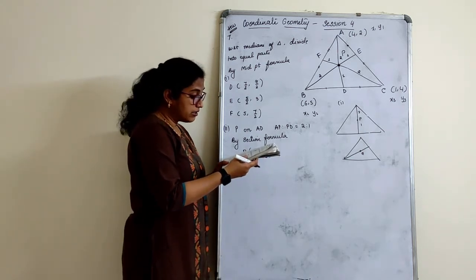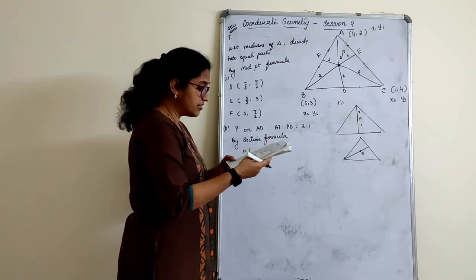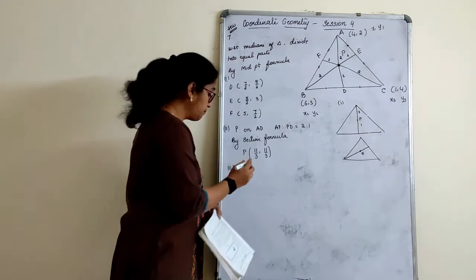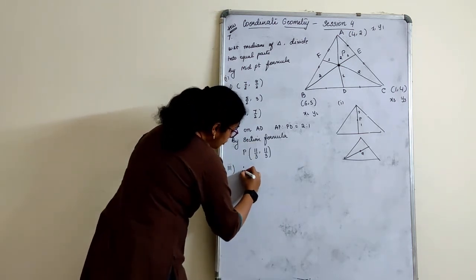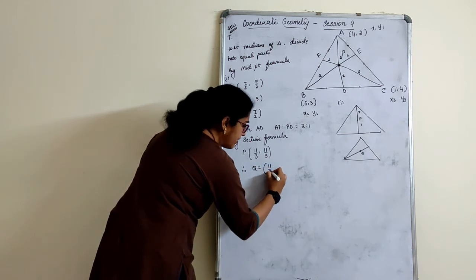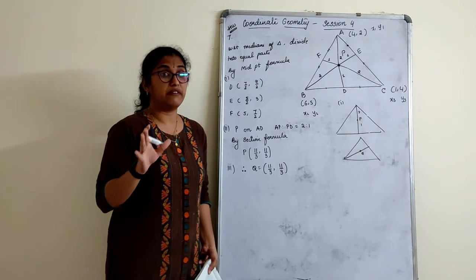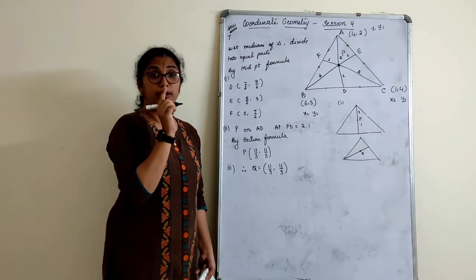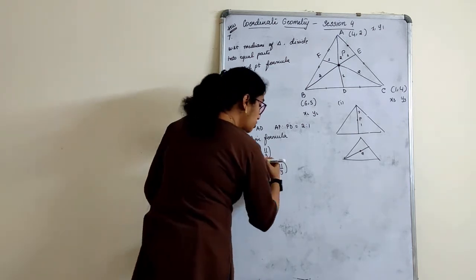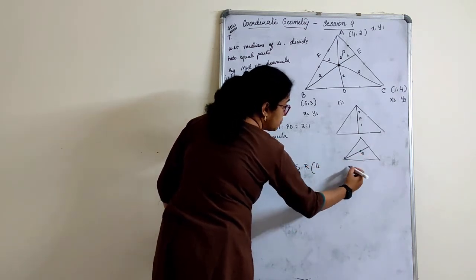So, find the coordinates of points Q and R on medians BE and CF respectively, such that, see here, they have given the ratio. Therefore, you need not find Q. Directly you can write the answer here, children. It has to be the same thing, because it is the common point where the medians meet. And R, you understood which point is R?